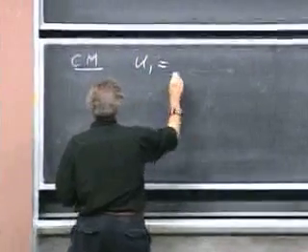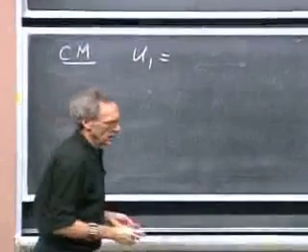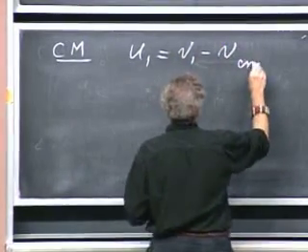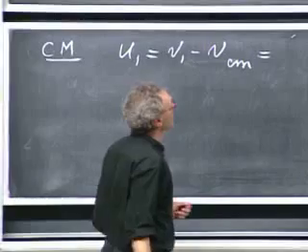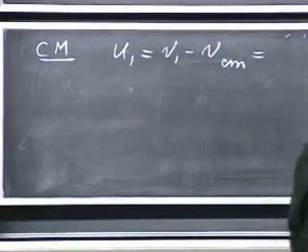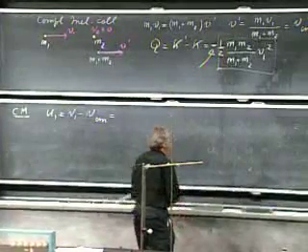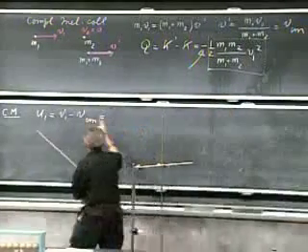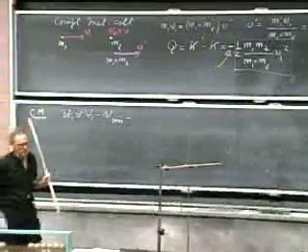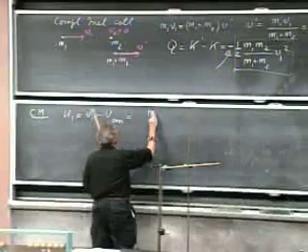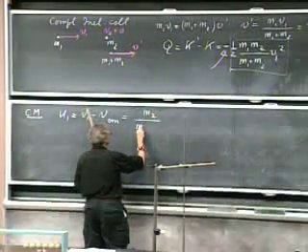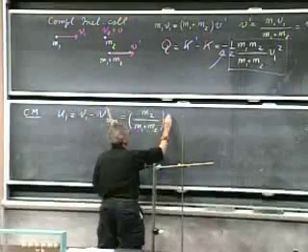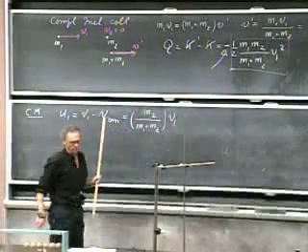So we go to the center of mass frame. We first have to calculate what U1 is. Well, U1 equals V1 minus V center of mass. And we know what V center of mass is. It's right there. And if you do the subtraction, which is by no means difficult, you will find M2 divided by M1 plus M2 times V1.